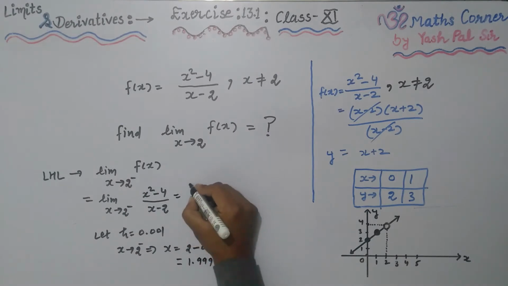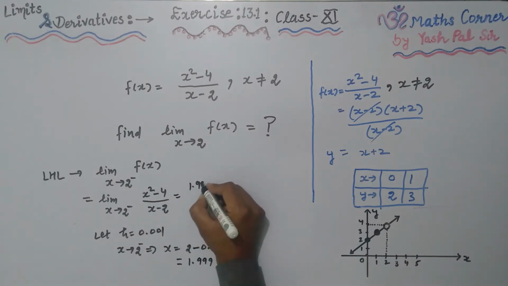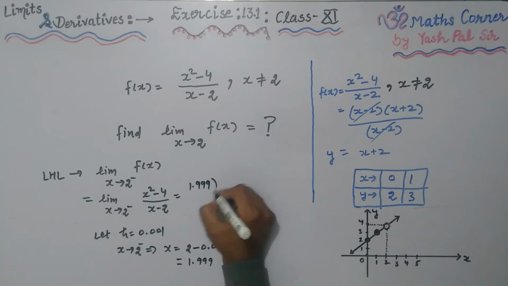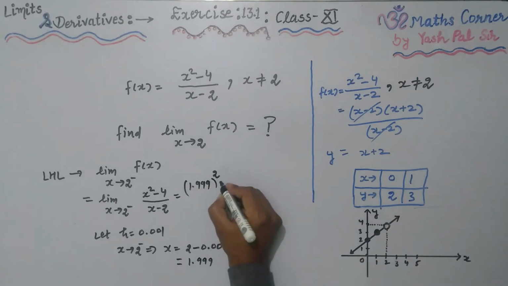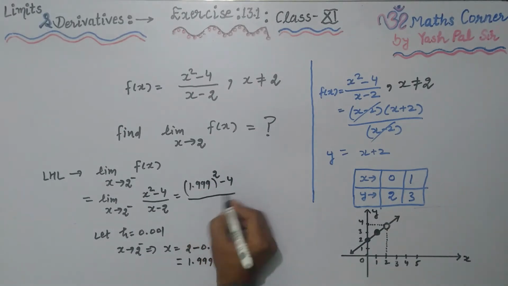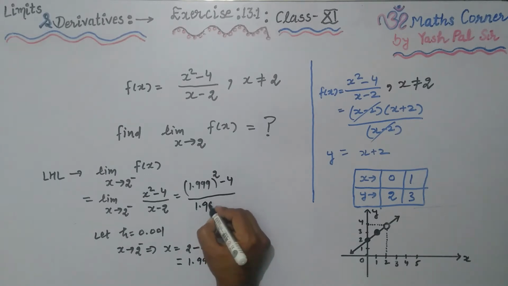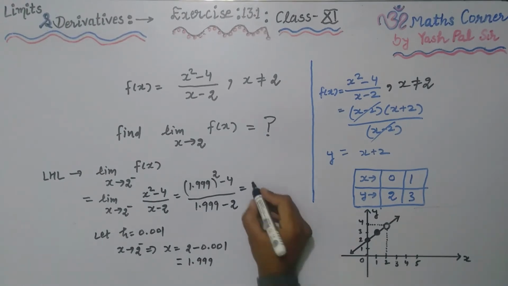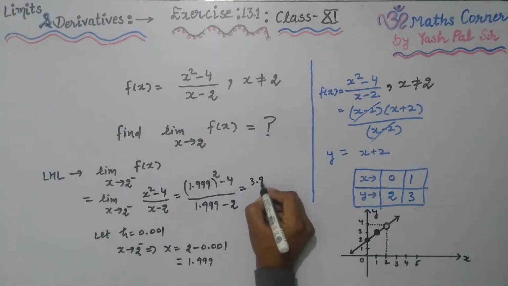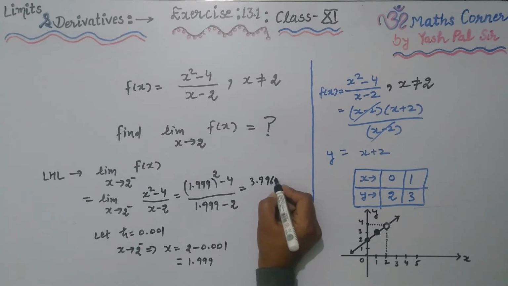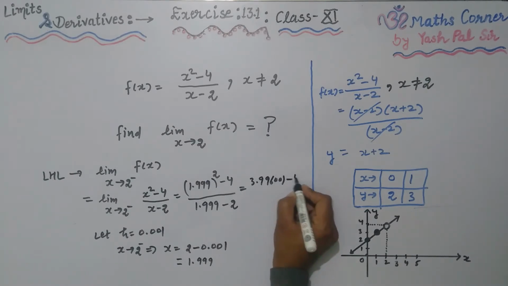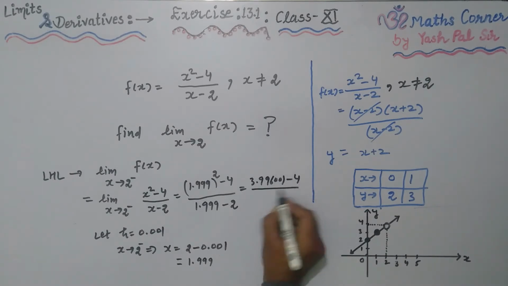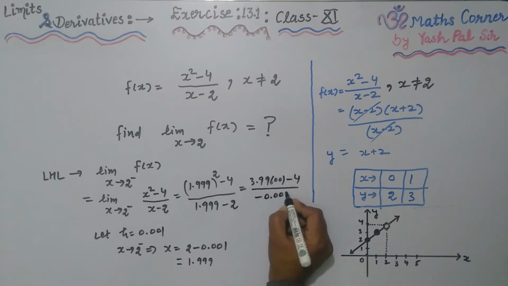This is equal to 1.999 whole squared minus 4 divided by 1.999 minus 2. This is equal to 3.996001 minus 4. Similarly, here this becomes minus 0.001.